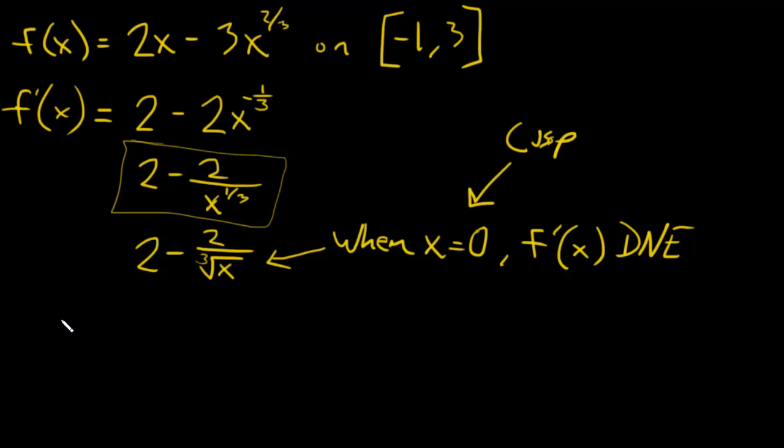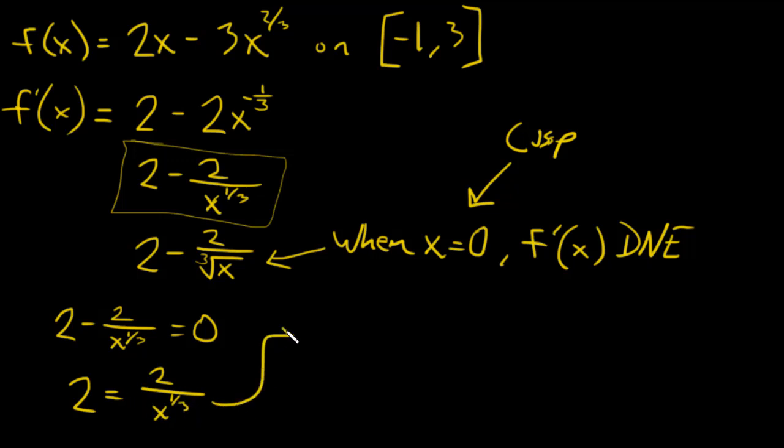So I'm going to set this derivative equal to 0. So 2 minus 2. Oops, let me actually use the second form because that's a way easier one to work with. So 2 minus 2 over x to the 1/3 power equals 0. Well, I'm going to move this part over, and 2 is equal to 2 over x to the 1/3. Okay. Now I'm going to cross multiply because this is 2 over 1, right?